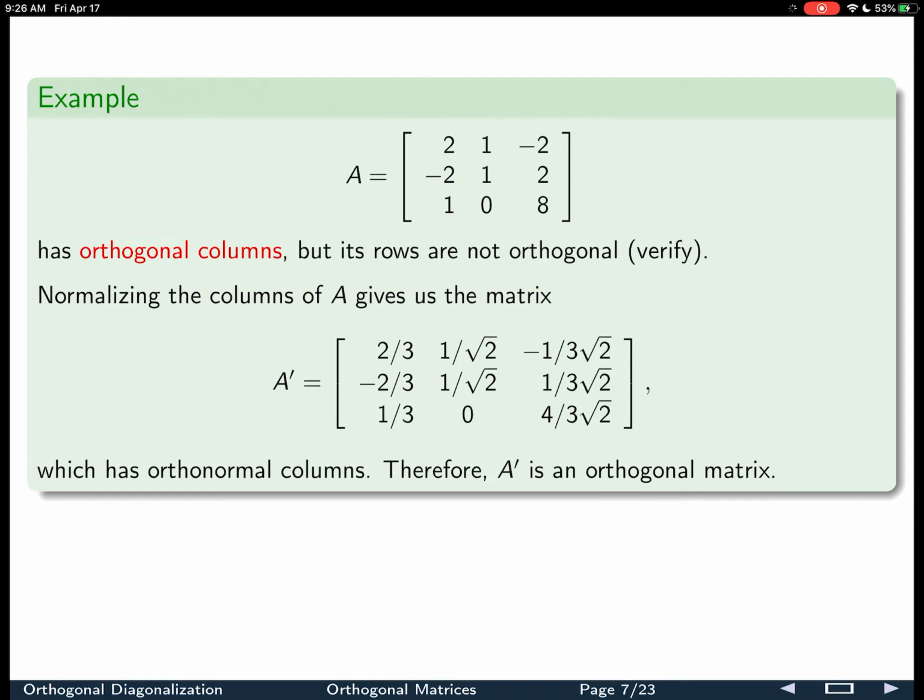We've got a matrix that when you multiply it with its transpose would give you the identity. And so essentially the transpose of A is the inverse of A. Well, okay, of A prime. This is A prime. So yes, A prime transpose is the inverse of A prime.